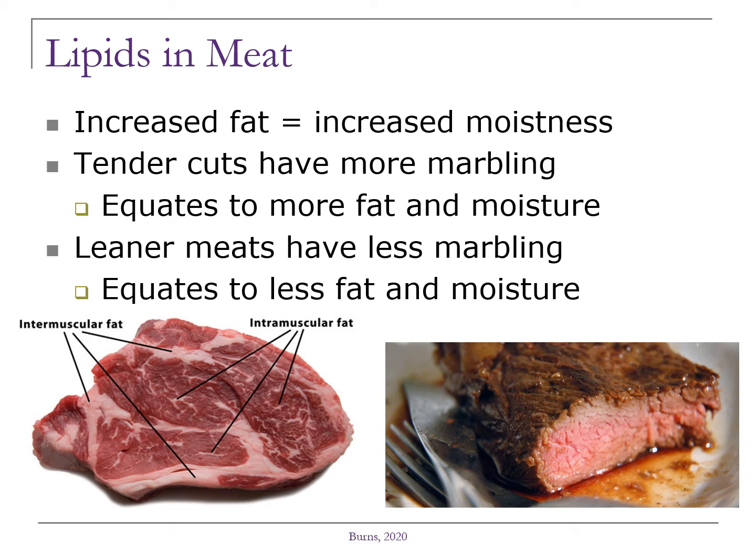If you remember, the tender cuts of meat have more marbling, so that is going to be more fat that melts, that gives that perception of juiciness and moistness. The leaner cuts of meat have less marbling, so with that they're going to have a lesser perception of juiciness or moistness.